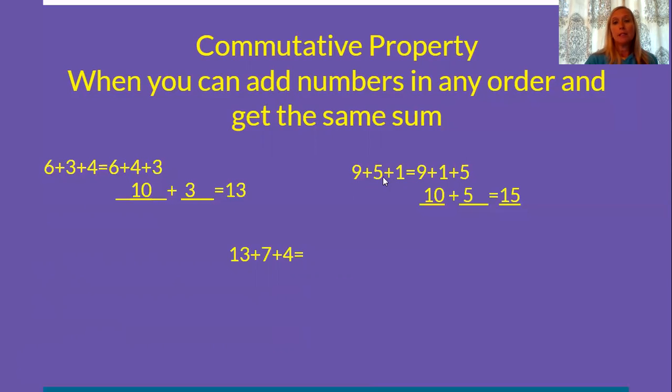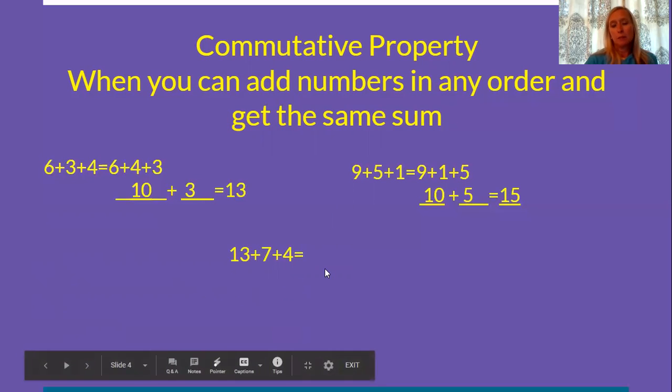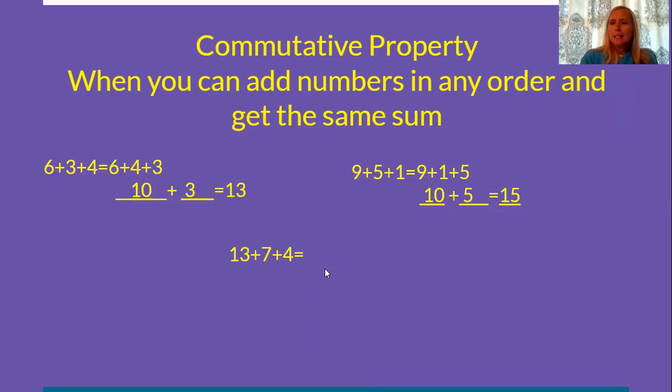Now, for 9 plus 5 plus 1, I looked at these three add-ins and I said, well, I know 9 plus 1 is 10, and then it's much easier for me to add 5 because I quickly know that 10 plus 5 is 15. Now look here at 13 plus 7 plus 4. I don't see anything that equals 10. But remember, nice numbers end in 0.